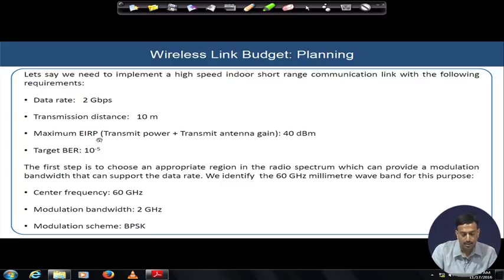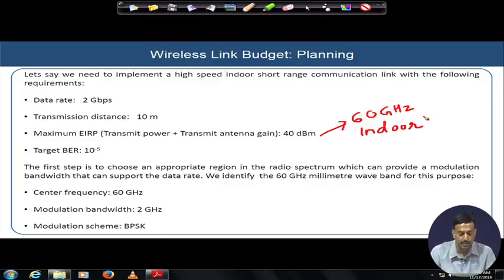So basically the FCC in the US, for example, for a 60 gigahertz transmission system, that is in the millimeter wave band, and that too indoor, this particular value is specific to it. So this is the maximum which is mandated by the FCC. Now why we have taken this 60 gigahertz, that I will come to shortly.